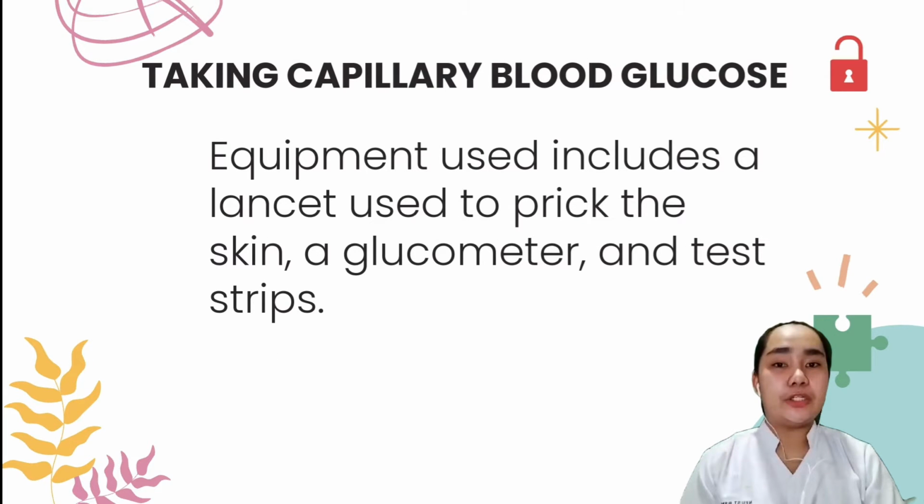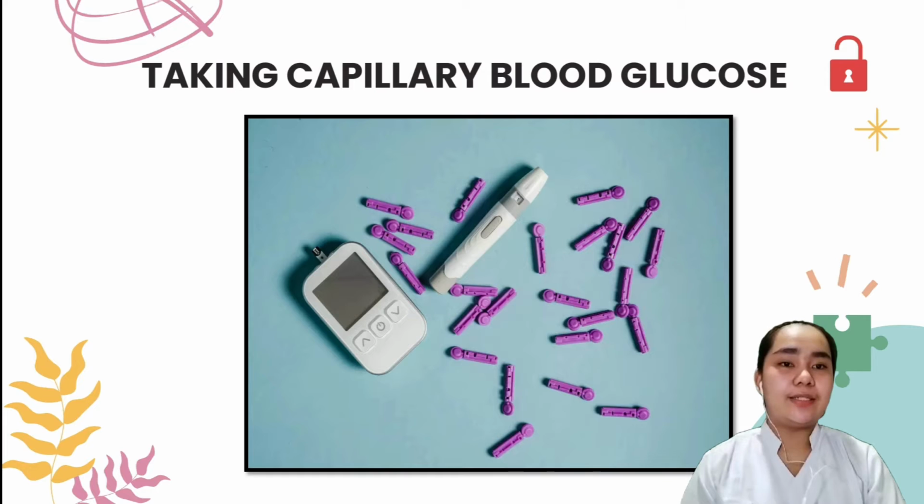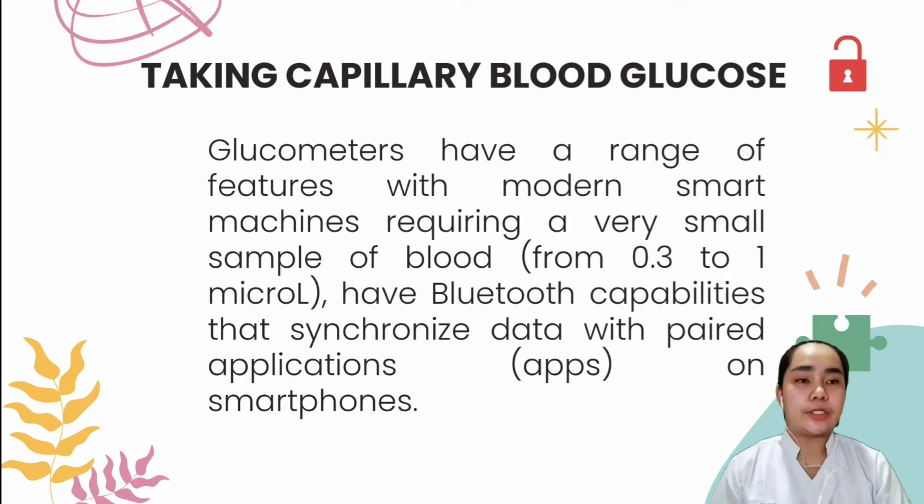Equipment used includes a lancet used to prick the skin, a glucometer, and test strips. Glucometers have a range of features, with modern smart machines requiring a very small sample of blood from 0.3 to 1 microliter, have Bluetooth capabilities that synchronize data with paired applications or apps on smartphones.